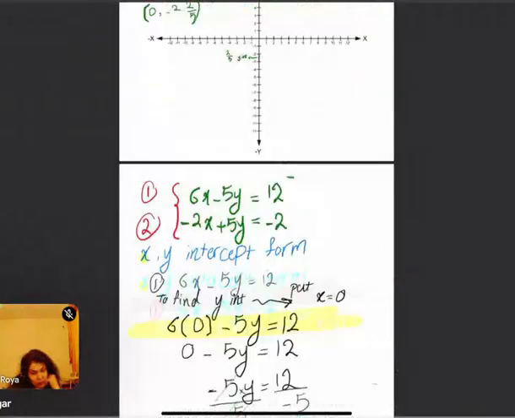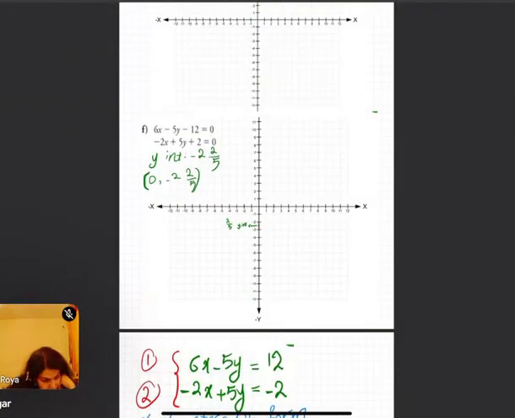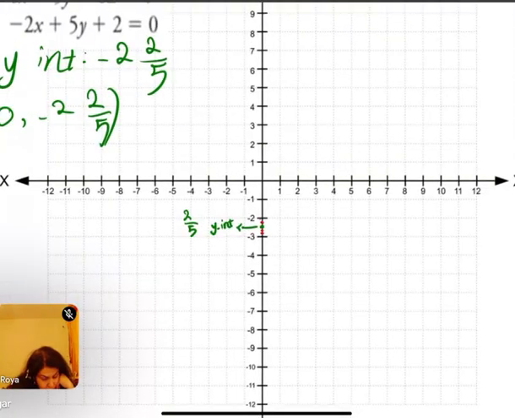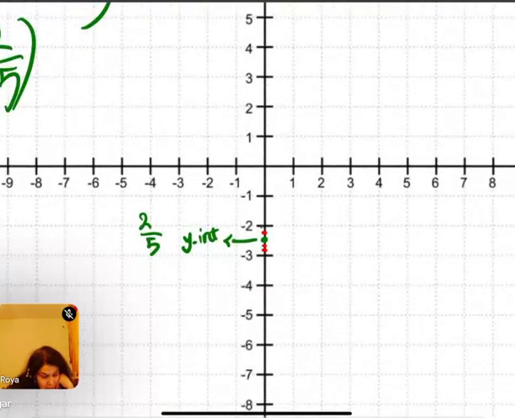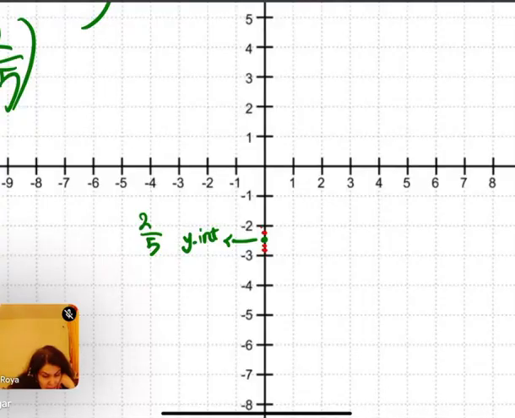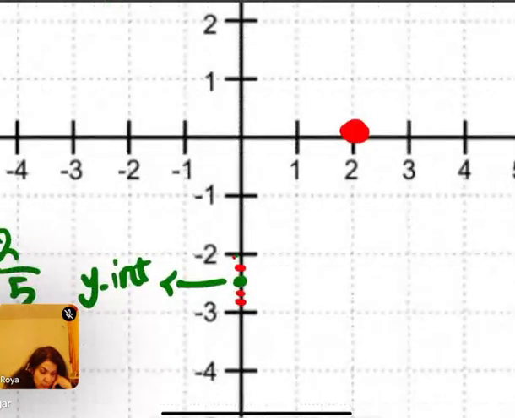So let me show this. This is the y-intercept. The x-intercept is x equal to 2, this point. Now we have 2 points, and we can pass a line through these 2 points.